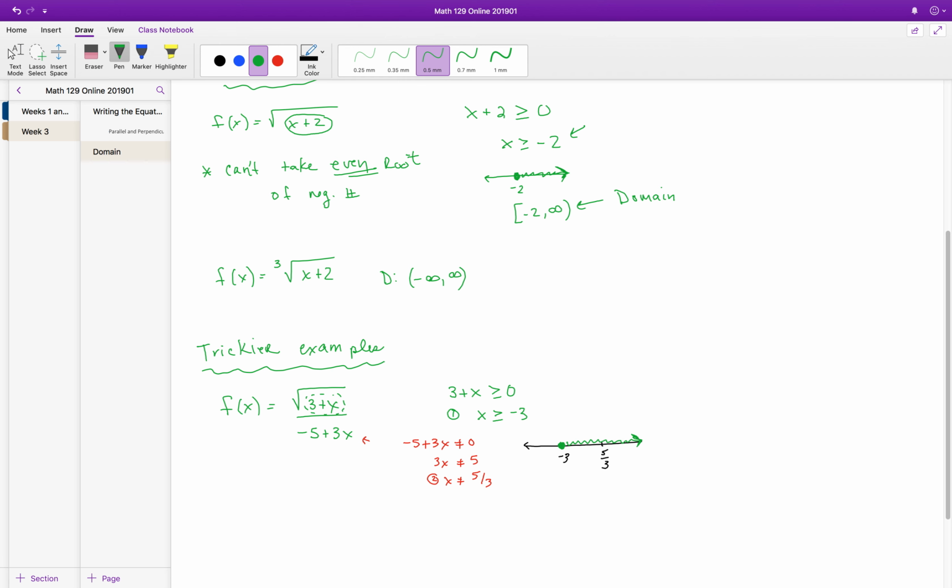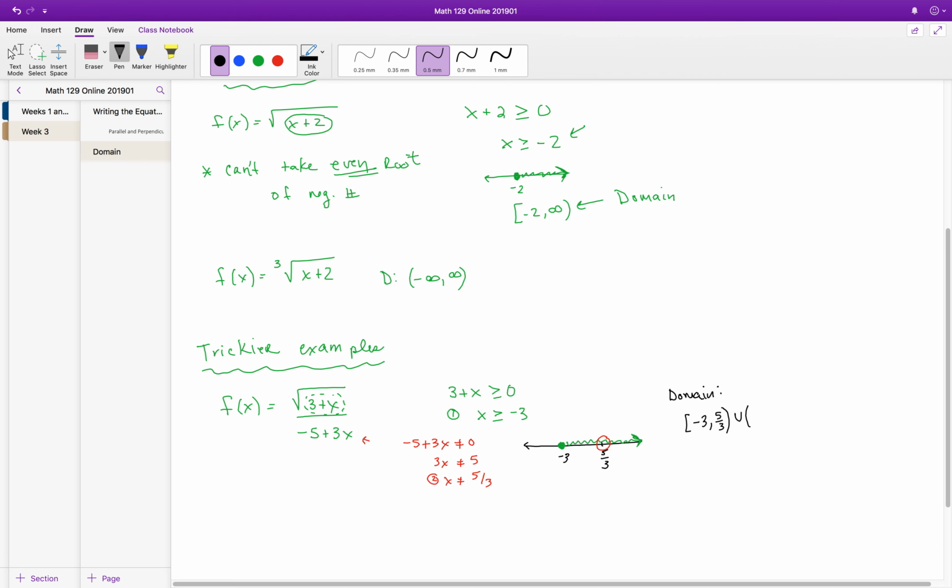And now my second condition is x can't be 5/3, so I have to exclude that number from the domain. So the domain is basically everything else. So my domain will be, including negative 3 to 5/3, but I have to exclude 5/3.